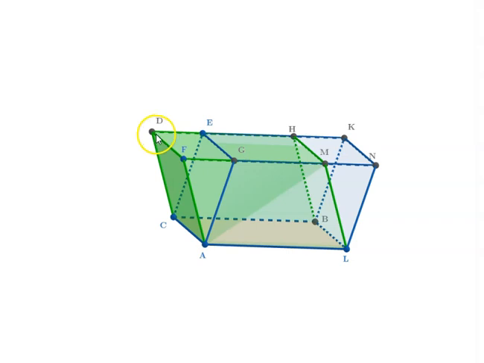That means triangle DCE is equal to HBK. Why? We have already seen DE is equal to HK. Now DC is equal to HB, opposite sides of a parallelogram. Similarly, CE is equal to BK, opposite sides of a parallelogram.